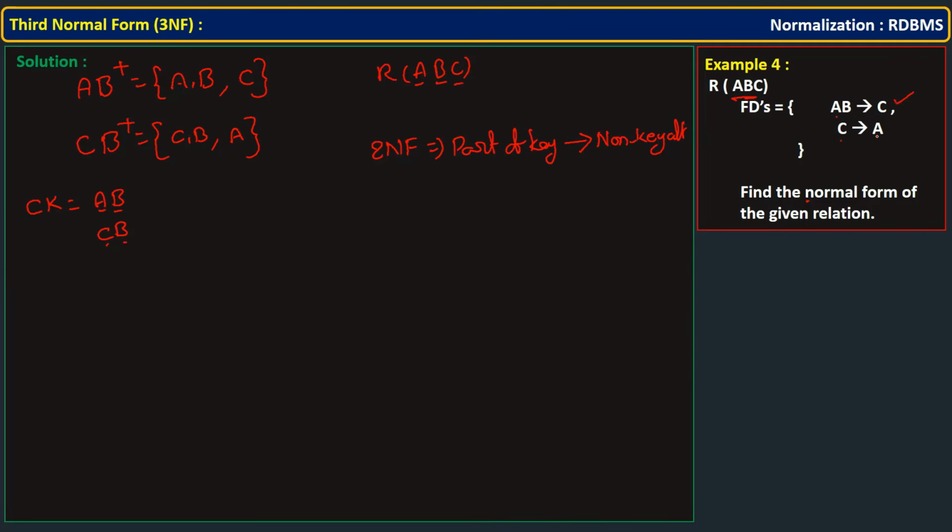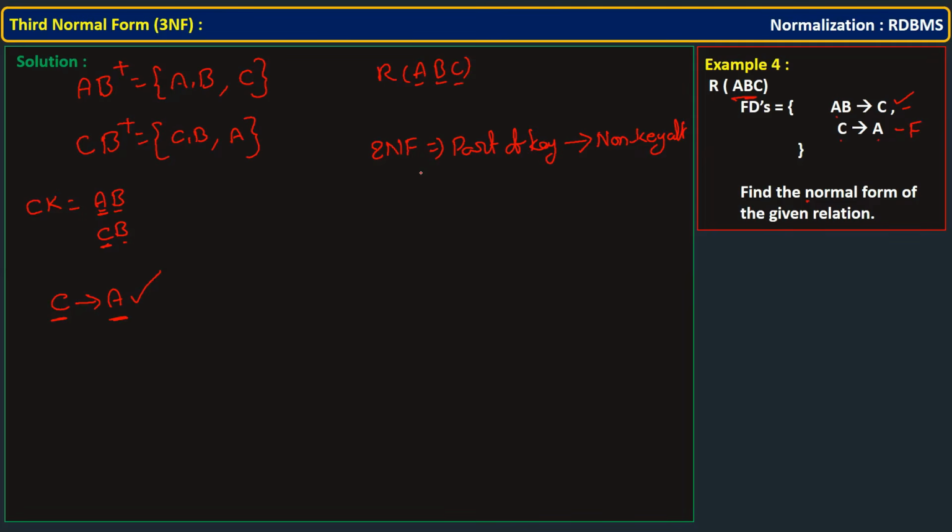Now if you take C derives A, C is part of a key, right? Yes, correct. Deriving what? An attribute. But whether it is a prime attribute, key attribute or non-key attribute, it is a key attribute. That means it is not a non-key attribute. So this is going to become a full functional dependency. Got the point or not?